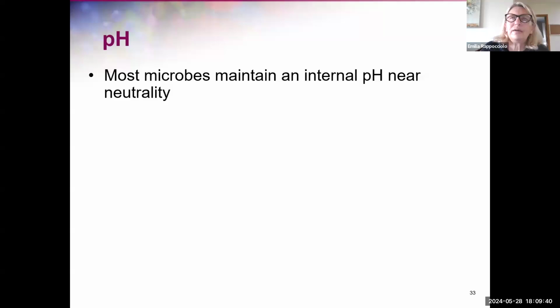Again, what are the mechanisms that the cells can put in place in order to stop the pH from affecting them? How do acidity or alkalinity affect the cell? They do that by having a negative impact on the structure of proteins and on the structure of DNA and RNA.